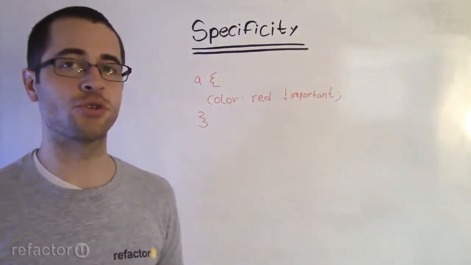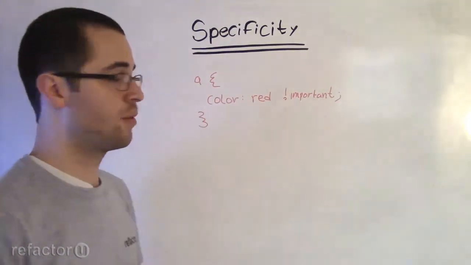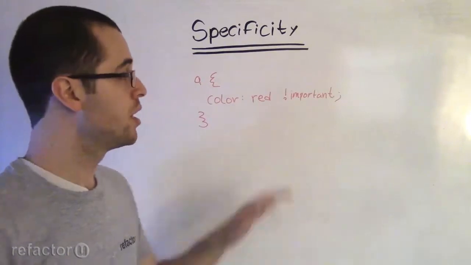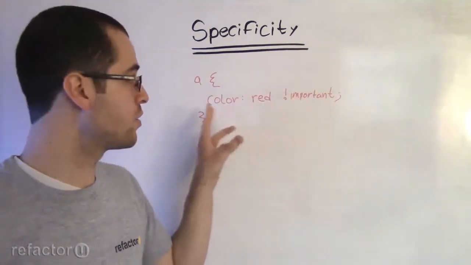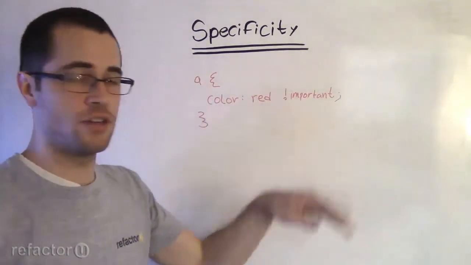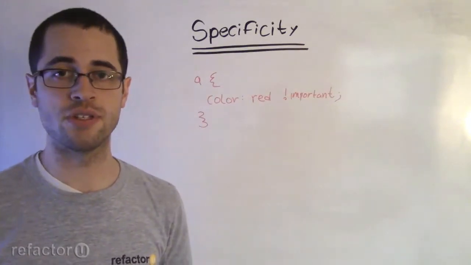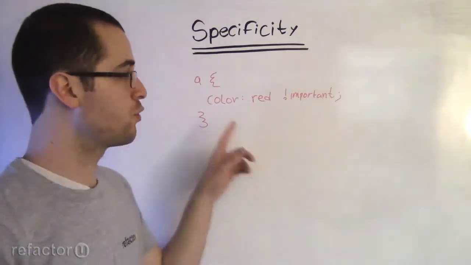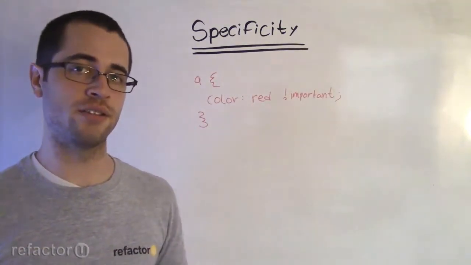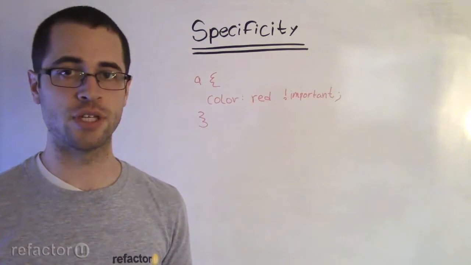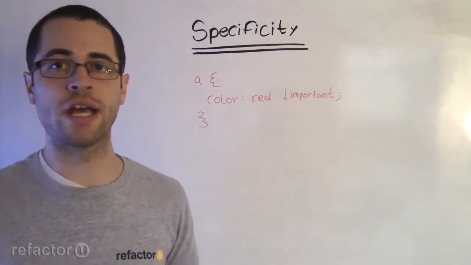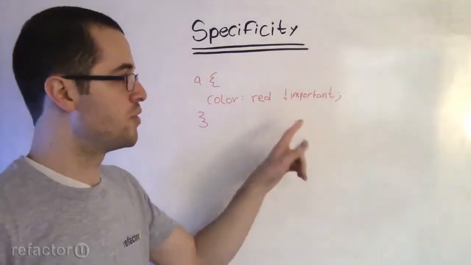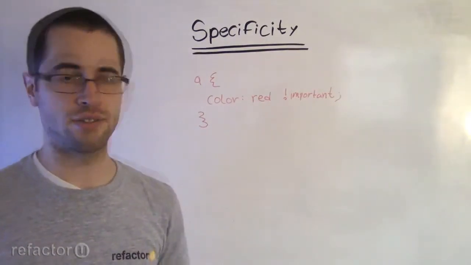This can really screw with a style sheet, and by using important it makes it very difficult to override specific styles, because now you've moved this anchor tag color into a new zone, a new level of specificity that we can't compete with unless we use another important. So if we ever want to override the color red on this anchor tag, we're going to have to use another important. And then if our whole style sheet is full of importance, then why did we use them in the first place? So be very, very wary of using this.